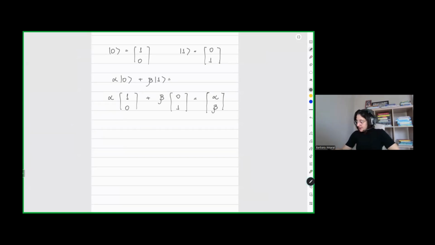I could use a different basis. It would not be that simple, but it would give you two complex numbers anyway. So it doesn't make any difference. So you can think of a 2 by 1 matrix with two complex entries. Okay?